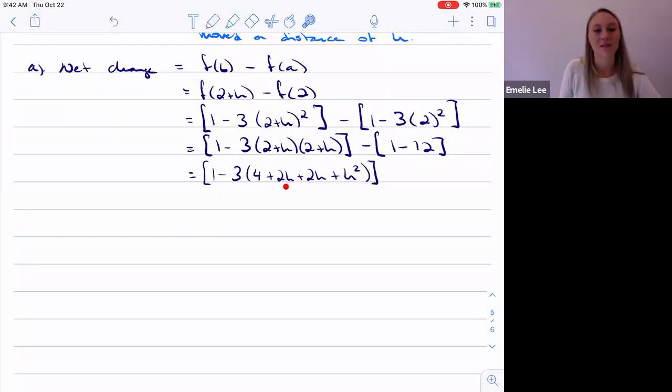Now, you might be comfortable putting this 2h plus 2h together immediately. That's totally fine. For some reason, I always like to take it slow, even though I know it's going to be 4h in the middle here. I always just write them out just to convince myself, I guess. And then minus 1 minus 12. 1 minus 12 is negative 11.